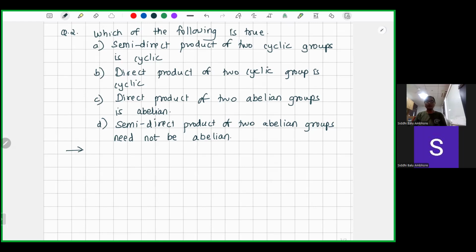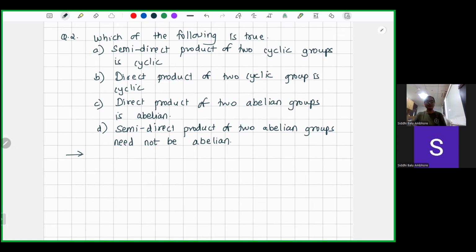Okay, so in the usual direct product, we need both the subgroups to be normal. So let us start with the semi-direct product of two cyclic groups, whether it's cyclic or not.